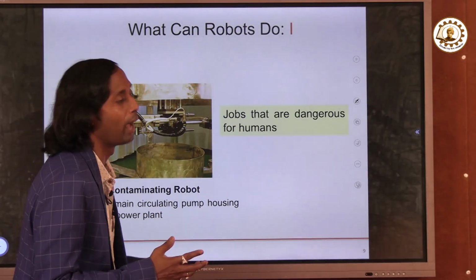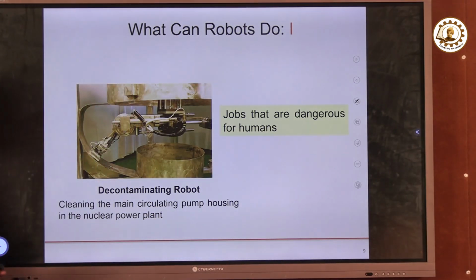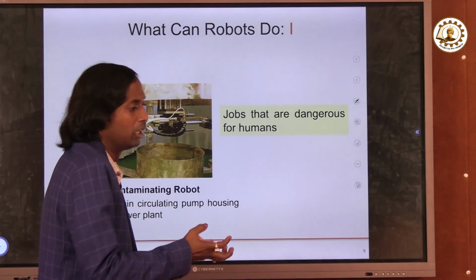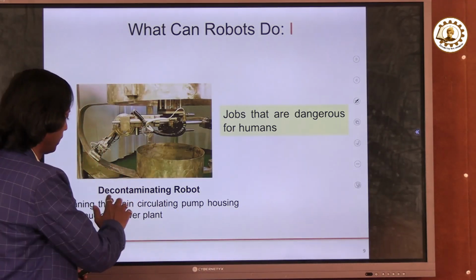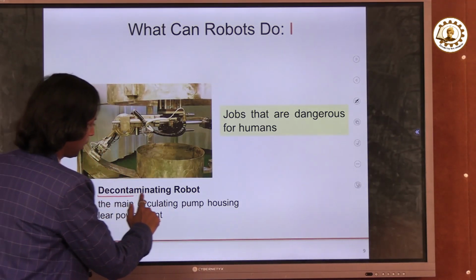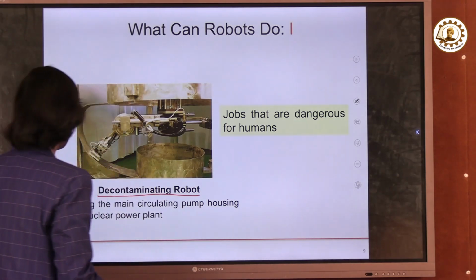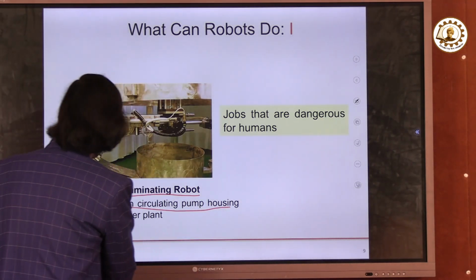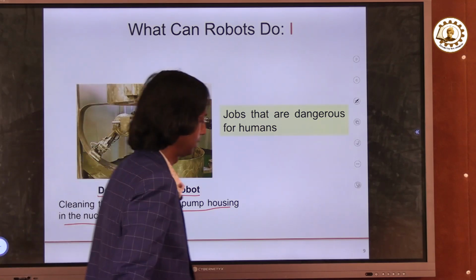What can a robot do actually, and why is a robot used? For example, a decontamination robot cleans the main circulating pump housing in a nuclear power plant.